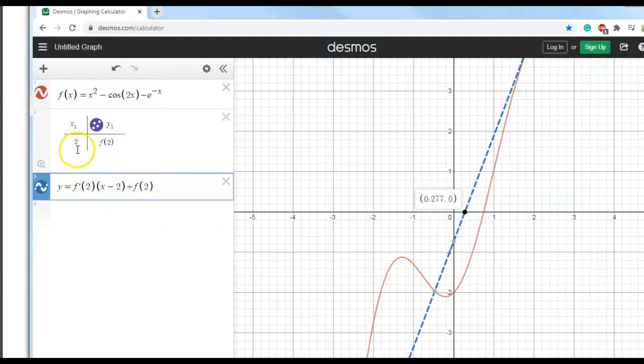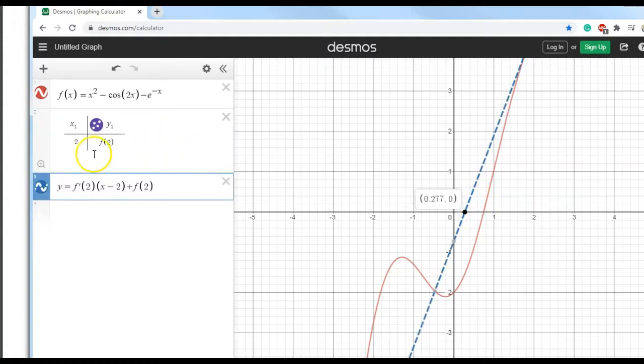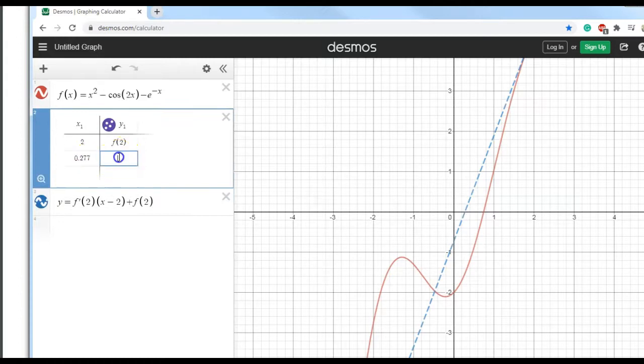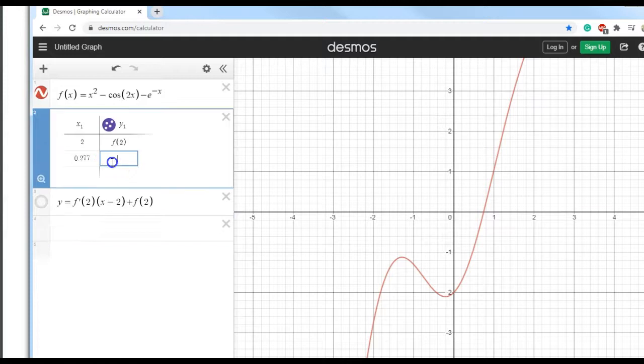So that's going to be my next guess. Now I would need more decimal places if I was doing this in Excel, and Excel will give you more decimal places. But now we're going to let that be our point on the graph, and look at f of 0.277.